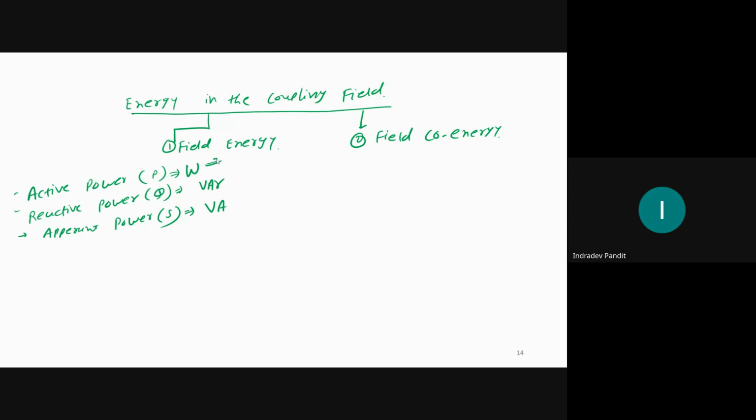So in which case do we have to use them? In case of lighting or resistive loads like a heater, we generally use only active power. Inductive or capacitive load. Okay. So I can say inductive load and capacitive load.